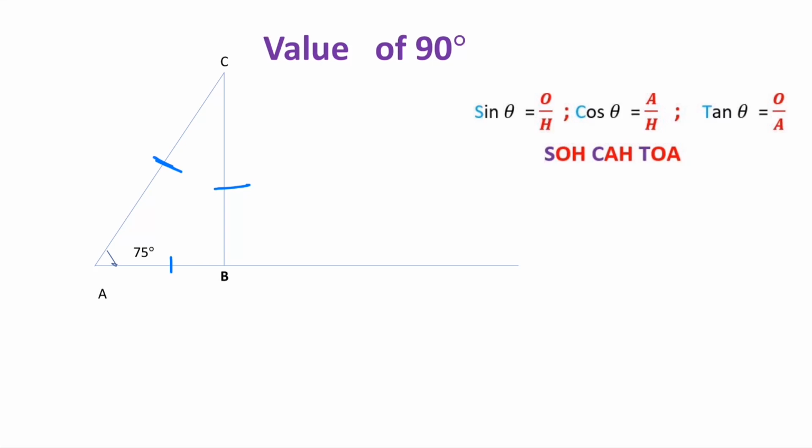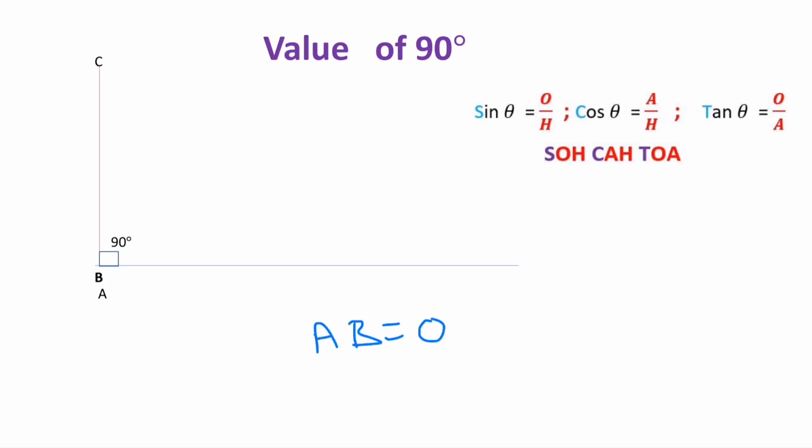Means the opposite side and hypotenuse are equal, and adjacent side will be 0. See, now here AB is 0, which is the adjacent side, and AC is the hypotenuse, which is equal to BC.